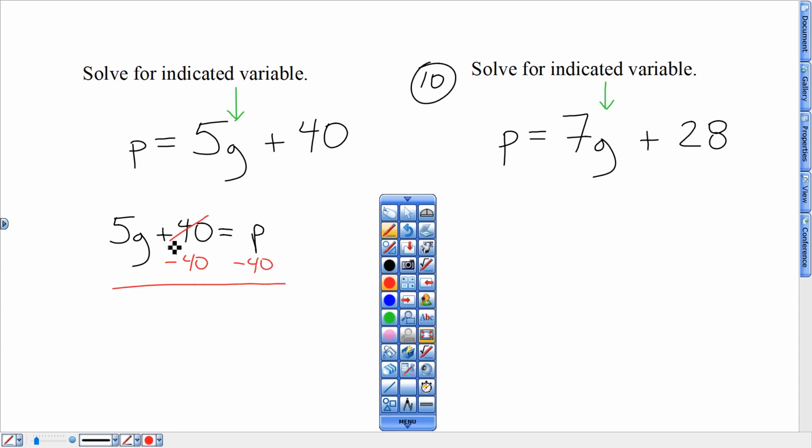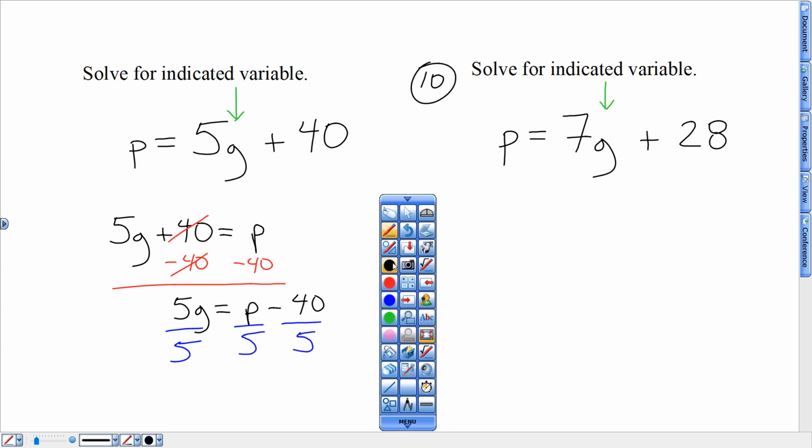These will go away. Bring down that 5g, just like you would a regular equation. P minus 40, I can't do anything with them, just write them like that, P minus 40. And then my next step, I'm going to divide everything by 5, both sides by 5. But remember, when I divide both sides by 5, I'm really dividing both of these parts over here individually by 5.